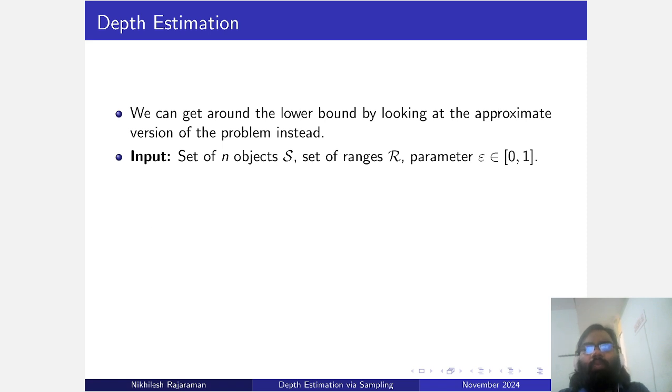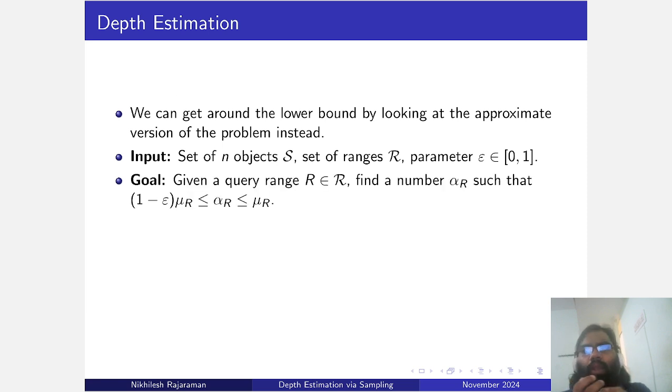So let's define this problem. The setup is quite similar to the standard depth calculation problem. We have a set of n objects, calligraphic S, and a set of allowed range queries, calligraphic R. But this time we also have an additional error parameter epsilon, which lies in 0 to 1 as well.